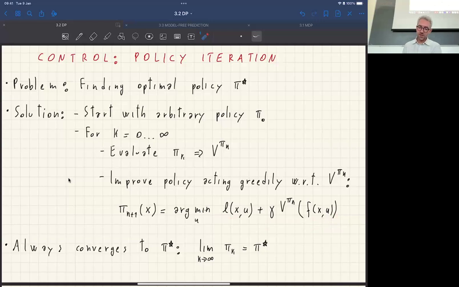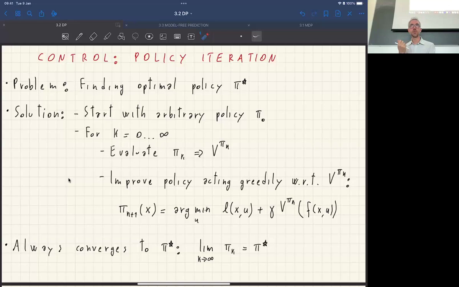So every time we try to find the action that is optimal with respect to the value function of the current policy. And that gives us a new policy. And we can guarantee that the new policy is never worse than the previous one.